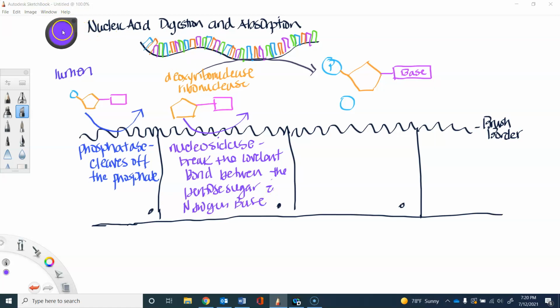So now we have our phosphate group, we have our pentose sugar, and our nitrogen base.